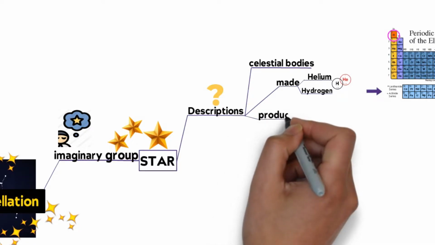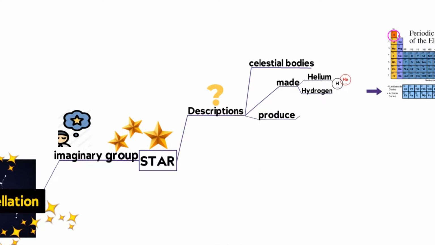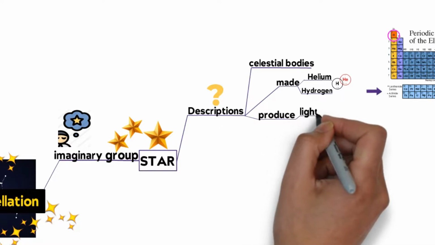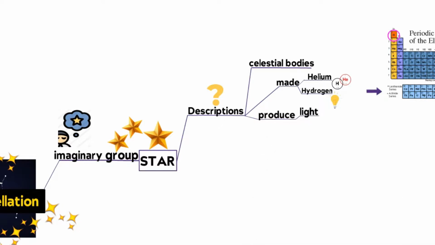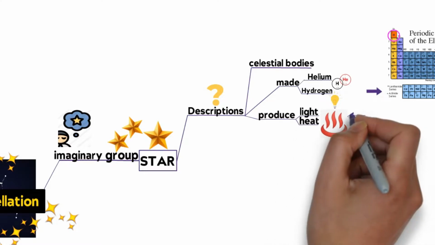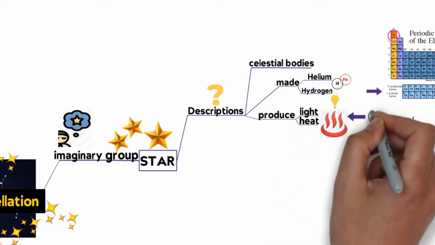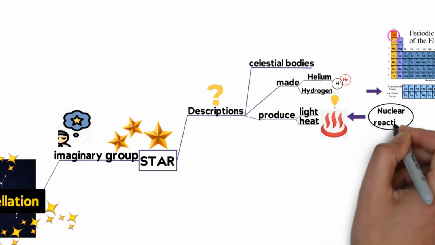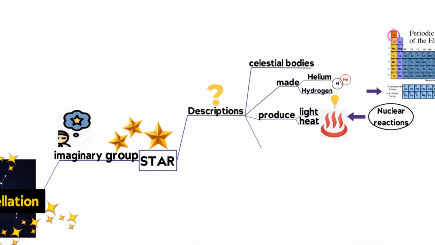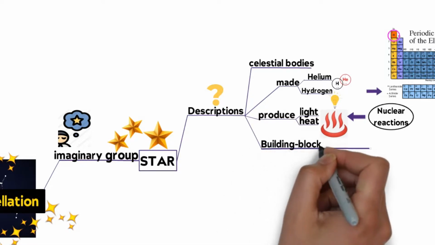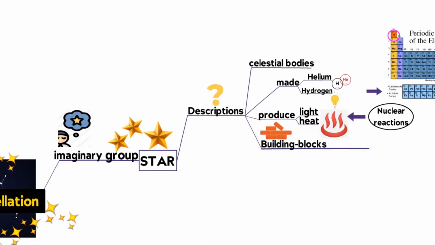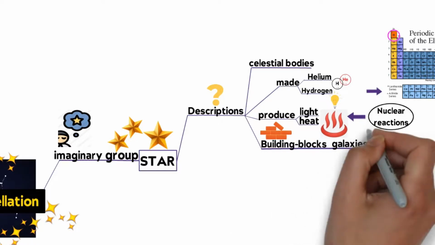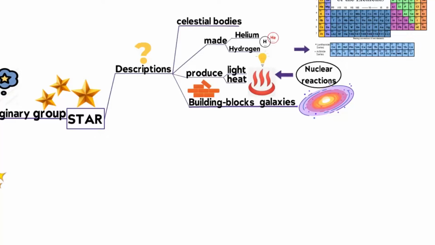They produce light and heat from nuclear reactions inside their cores. They are also the building blocks of galaxies, of which there are billions in the universe.